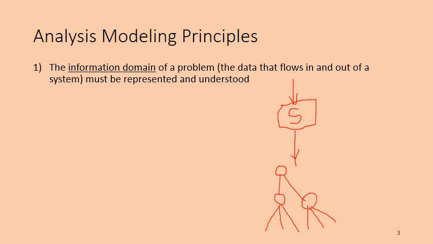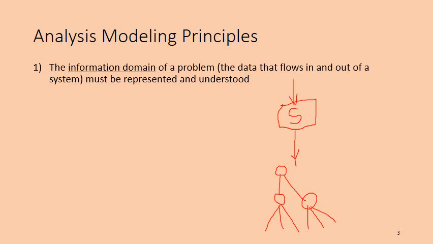So the information domain of a problem must be represented and understood: the data that flows in and out of your system. You should be very clear which information will pass in and what you will get as an output when you are performing the analysis task.